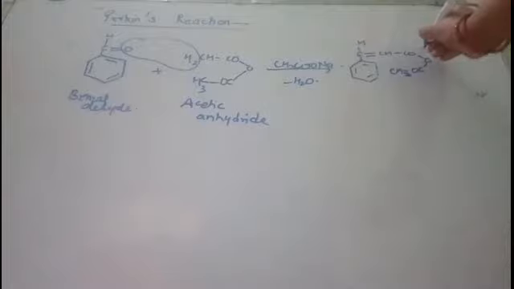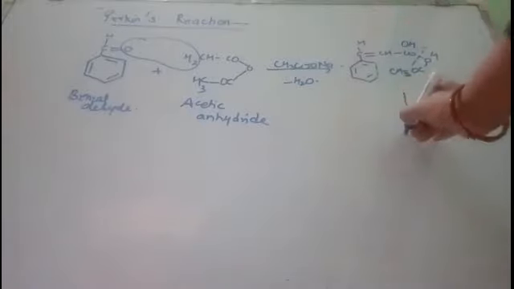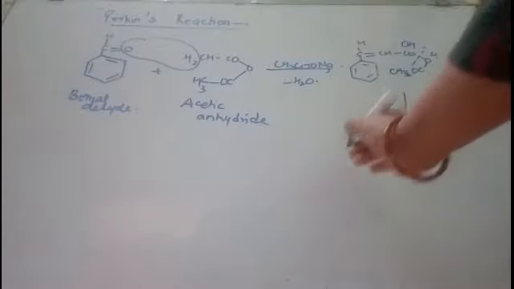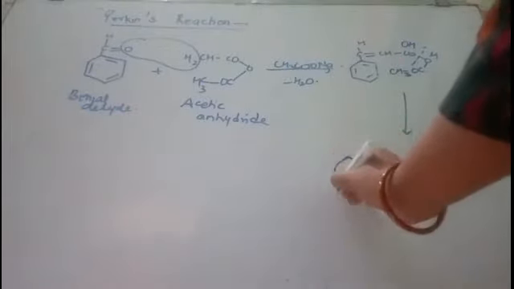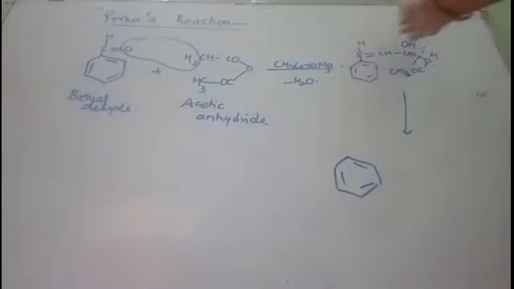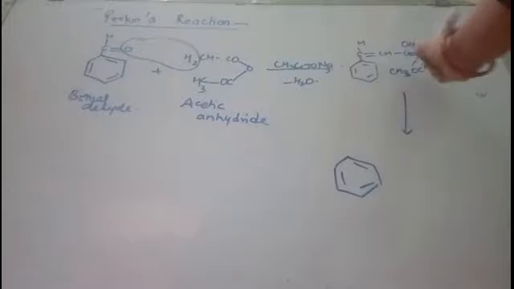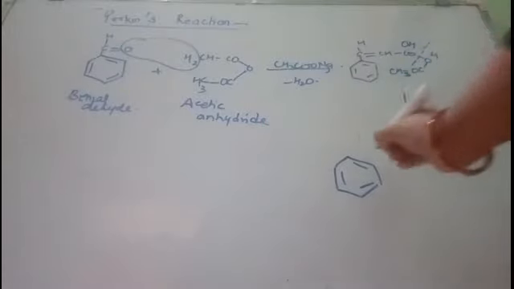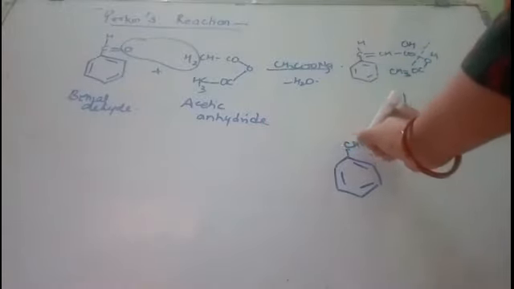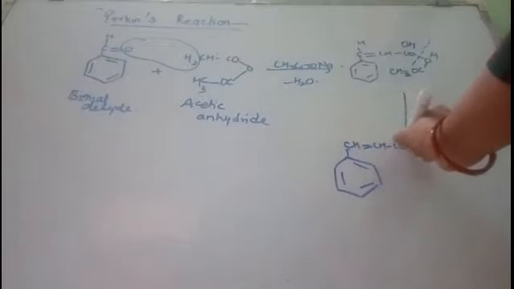Further, what will happen? Further hydrolysis will take place, and we will get here cinnamic acid. This water is added like that, OH this side and H will be going this side. So this CH3COOH will be removed, and then here we will get CH double bond CH COOH.